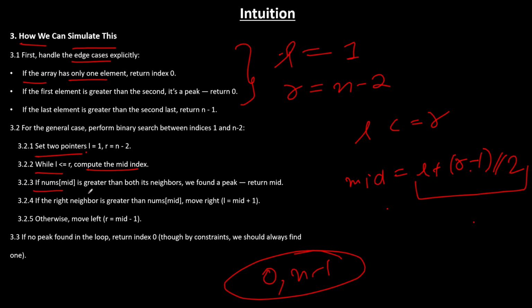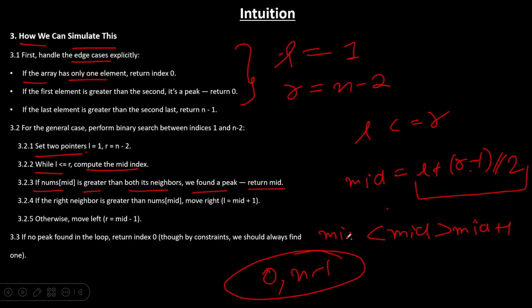If nums of mid is greater than both its neighbors, we found a peak element, and we return the mid. Basically this means that if mid is greater than mid plus 1 and mid minus 1. If the right neighbor is greater than nums of mid, we move right.